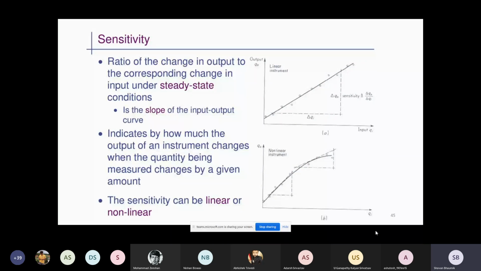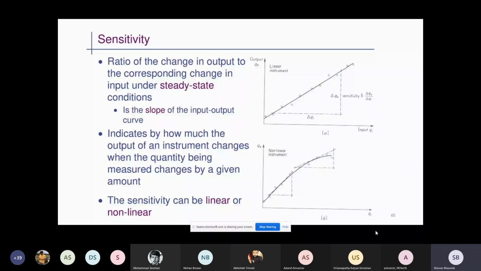That means your sensitivity is high; you can measure in a more sensitive way. So this is the sensitivity. Whenever you look for an instrument, if it is more sensitive, it is acceptable, because for a small change in input, you get a large change in output. That is what sensitivity is called.